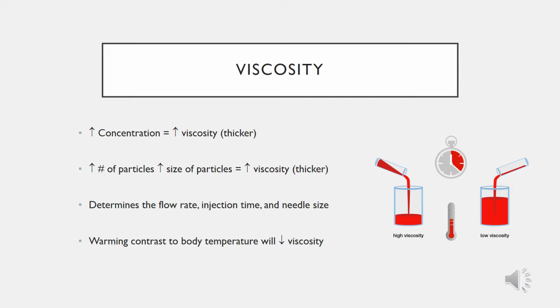The viscosity also influences the needle gauge that's required for the injection. So potentially we need a larger gauge based on the viscosity. Many times contrast agents with higher viscosities are going to be placed in a warmer to get that substance to room temperature or body temperature. The increased temperature does decrease the viscosity of the contrast.